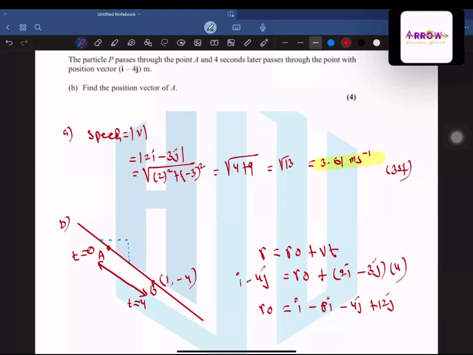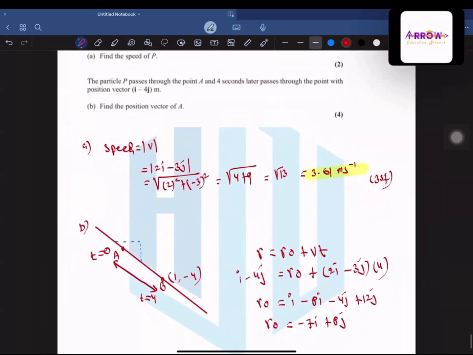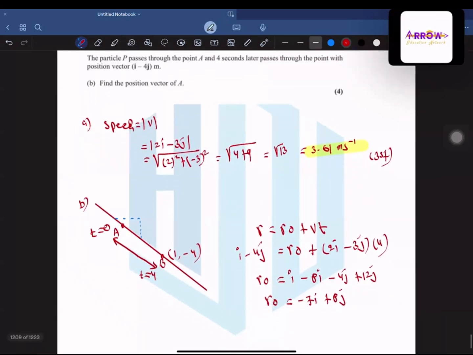We are going to simplify the i components and the j components respectively. So r naught is equal to minus 7i plus 8j. This is the initial position vector of the particle, and we are considering the journey from A to B. So this is the position vector of point A.